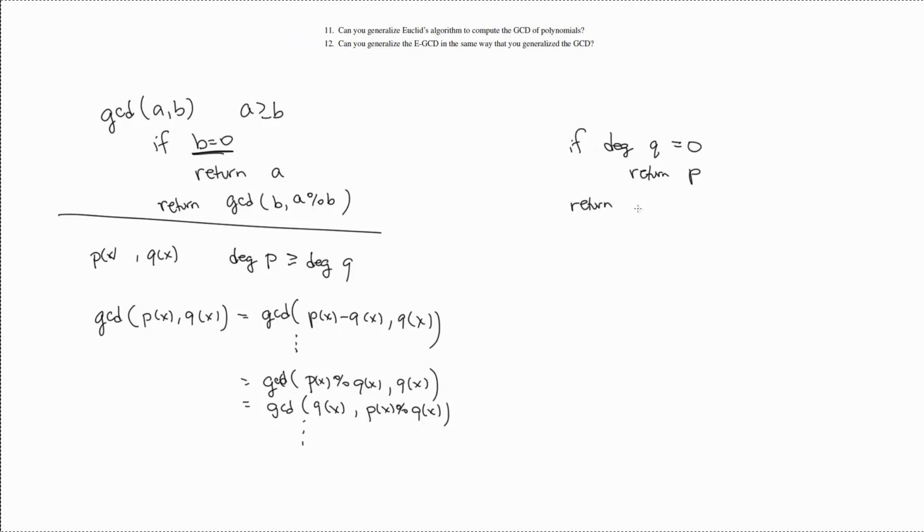Otherwise, we return the GCD of q of x and p of x mod q of x. This mod here represents the remainder after doing polynomial long division between p and q.